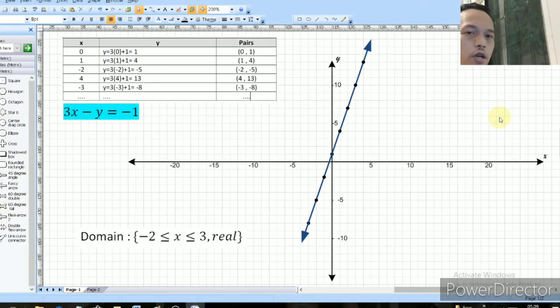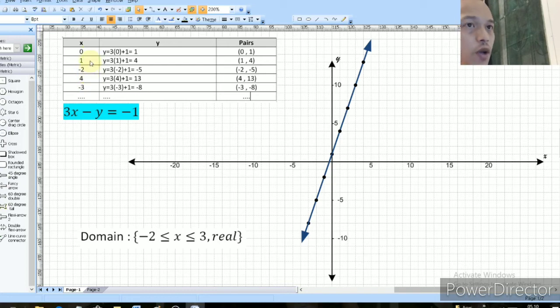The last thing that I want to explain is about domain and range. Although I will explain it completely in the next video, let me just introduce the domain and the range. Domain means all of the x. When you substitute the x into this equation, it must come from the specified domain. For example, if I regulate that the domain must be only odd numbers, it means you cannot use 0, you cannot use 4 or negative 2 as your x.